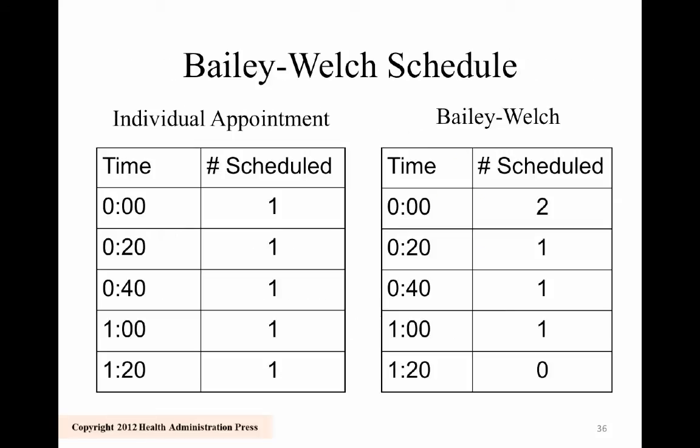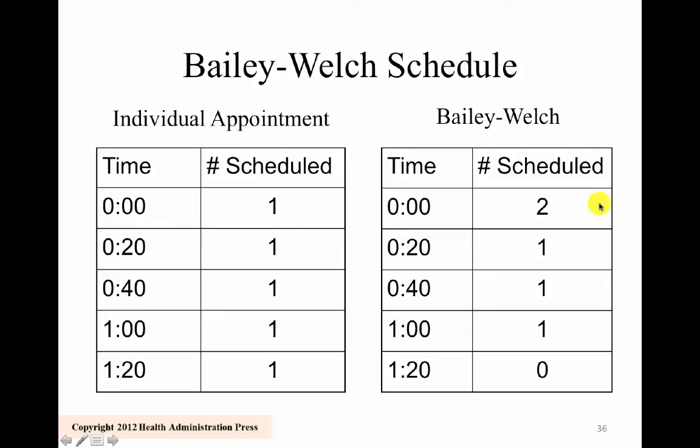And considering how you could set up some different appointment types, here on the left we have individual appointments. We have one scheduled for each 20-minute block. On the right uses the Bailey-Welch model.